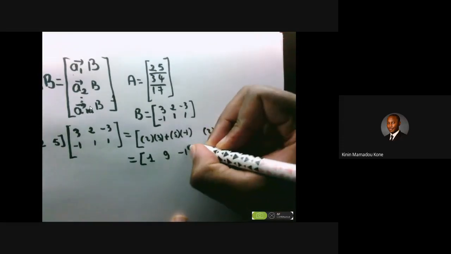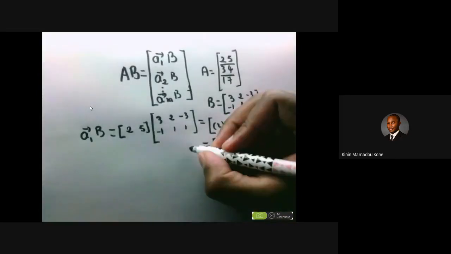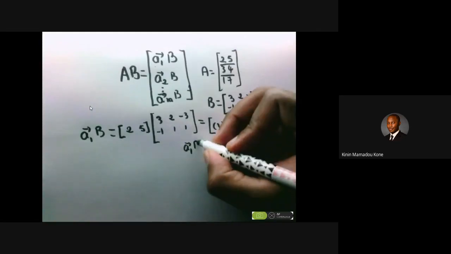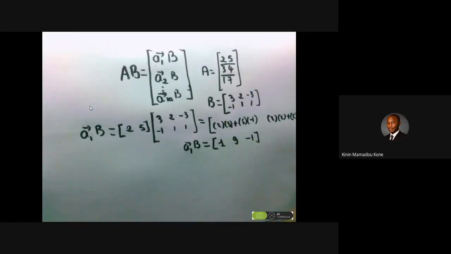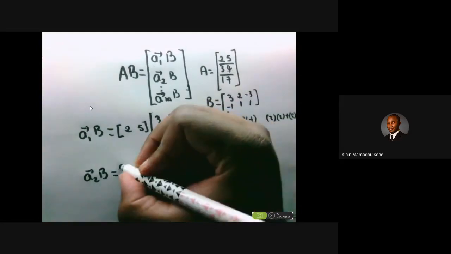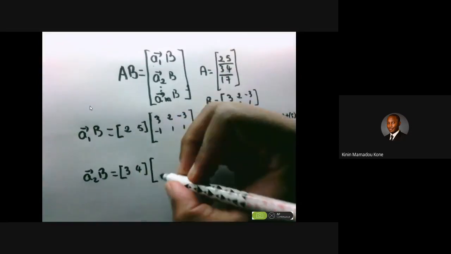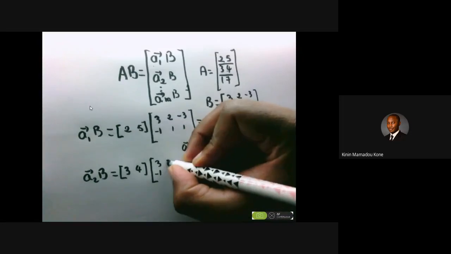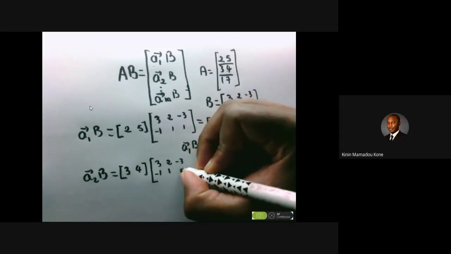If we do the calculation, we'll obtain 1, for the second number 9, and the last one is negative 1. And that is my A1 multiplied by B. The second one, the vector A2 multiplied by B, is going to be equal to this vector here, 3, 4, times the matrix B, which is here: 3, negative 1, 2, 1, negative 3, and then 1.